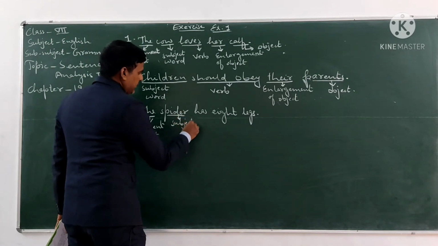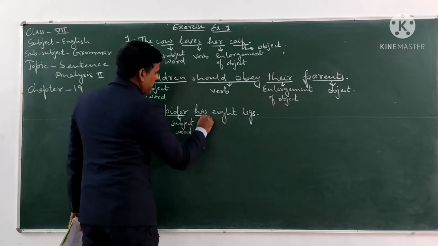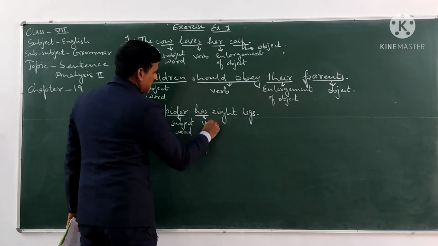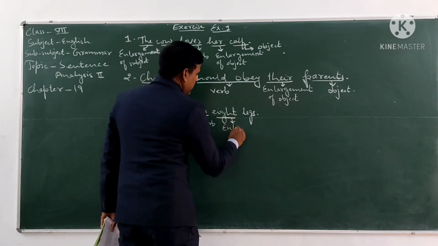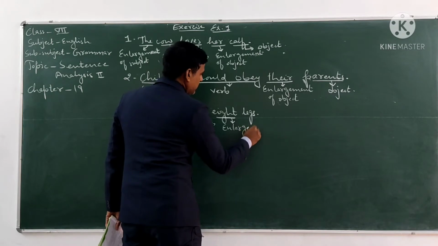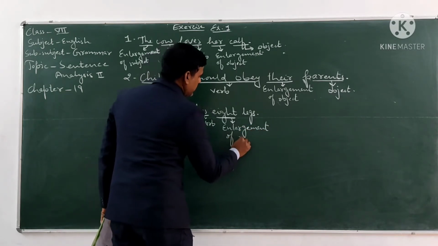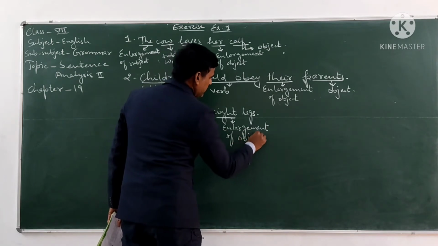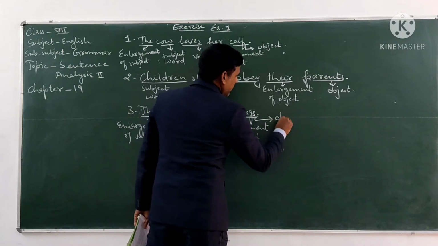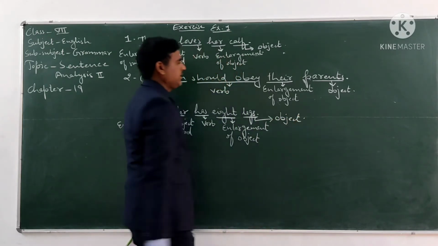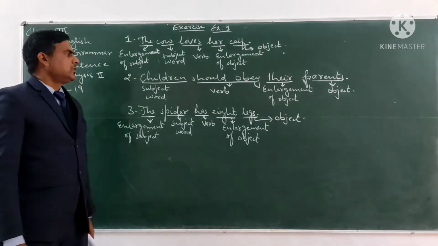Spider is the subject word. Has is the verb, and 8 is the enlargement of object, and legs is the object in this sentence. So this is the analysis of sentence number 3.